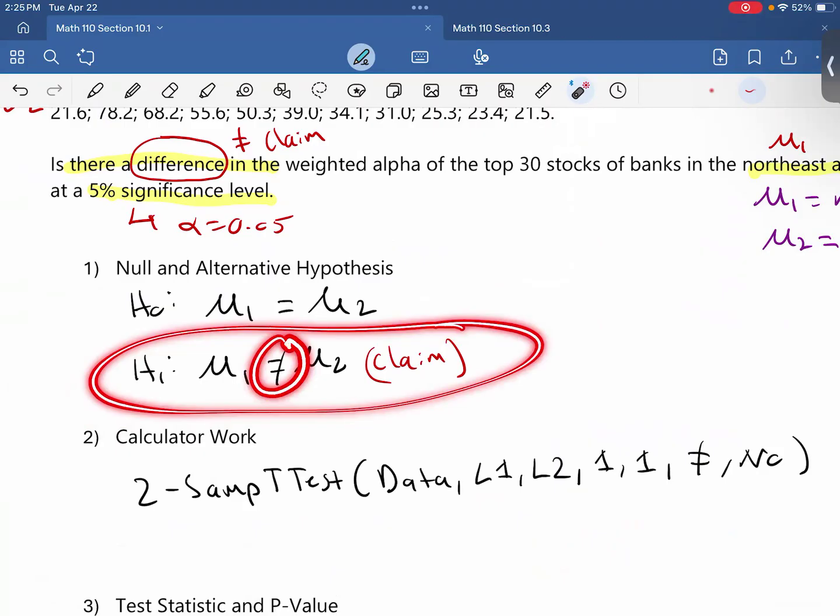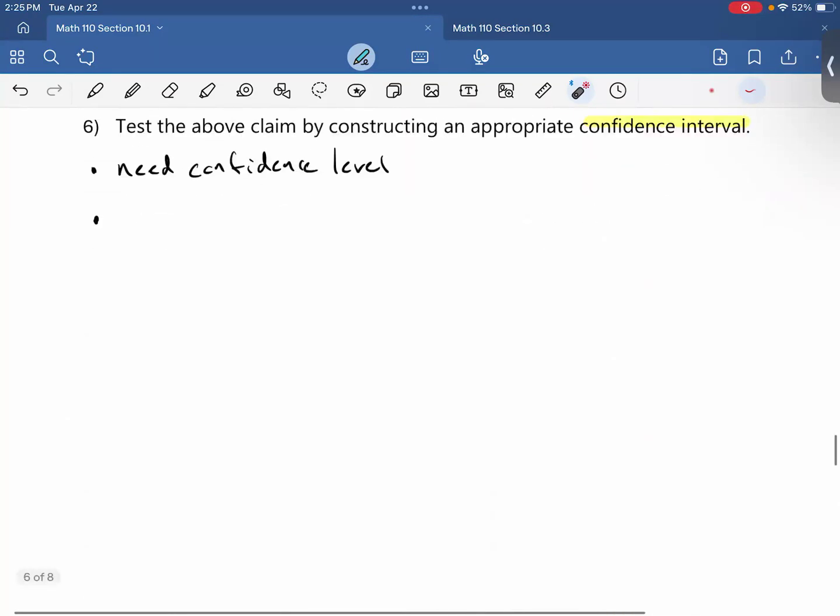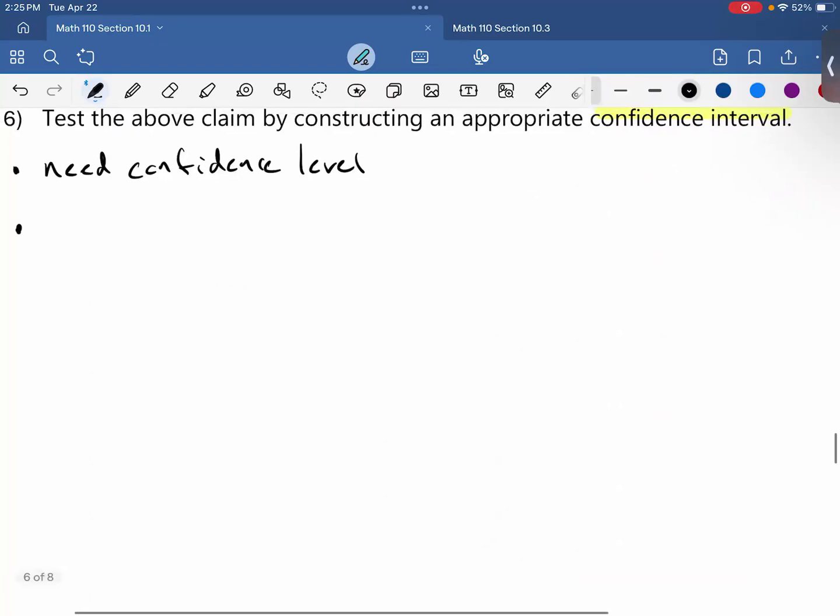So when we have a not equal to symbol for our alpha, that means it counts for both tails of the distribution. So let's write that out. Not equal to means two tails.